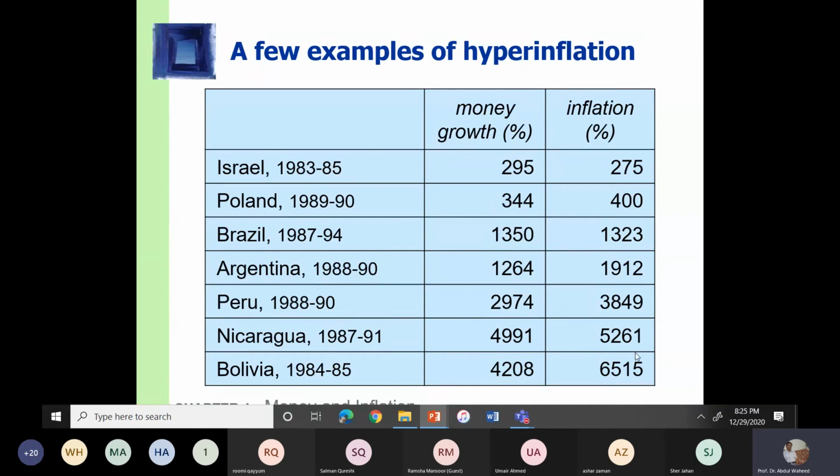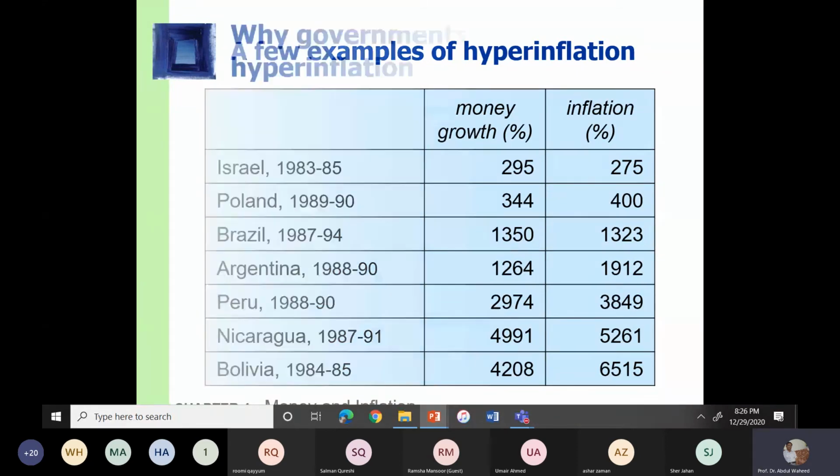Just imagine, if this is the inflation rate, then who will trust the money? So people will lose their trust in the local currency. So they will not prefer to use it as a medium of exchange, as a unit of account, as a store of value. So they will return to a barter system or they will prefer to use some foreign currency for transaction purposes.